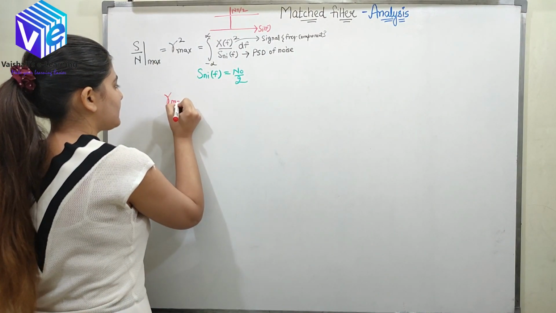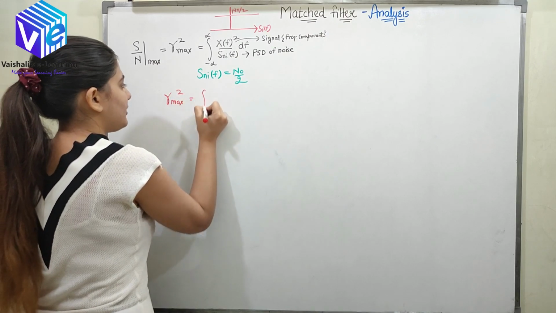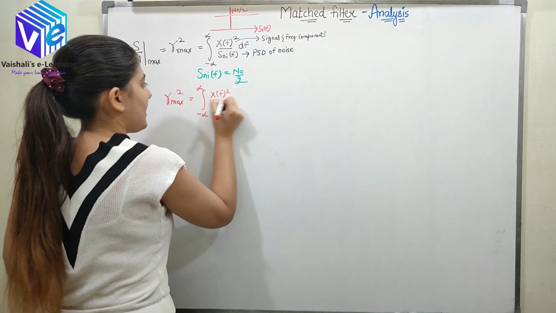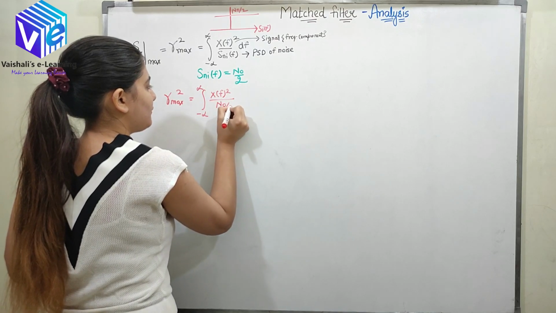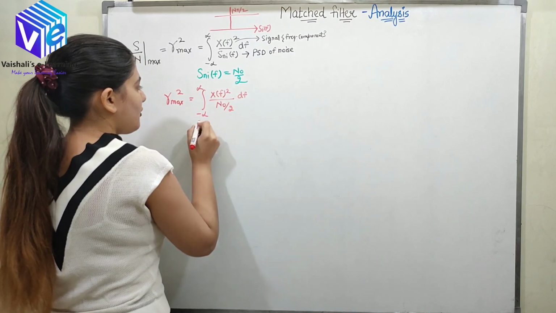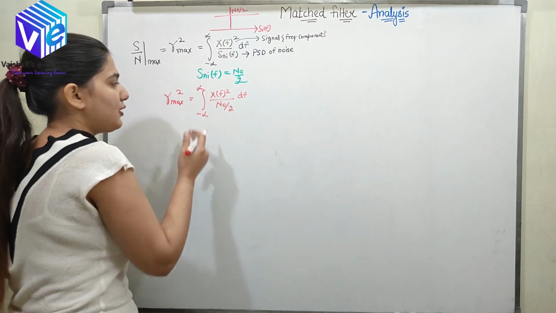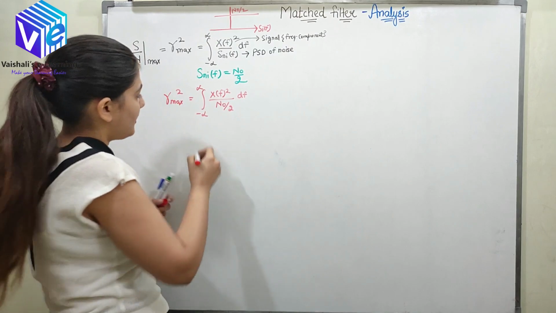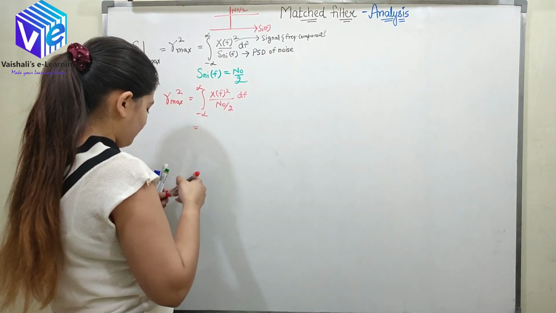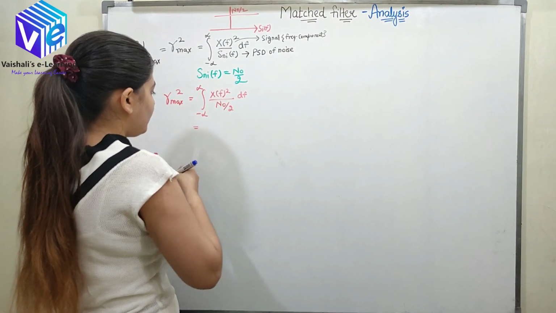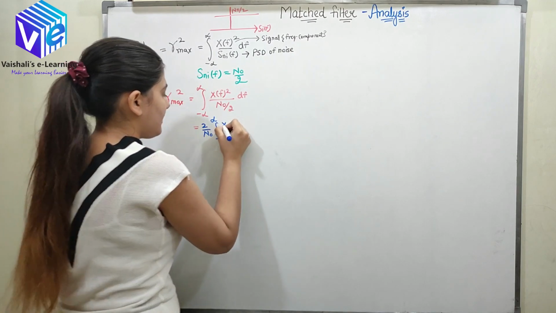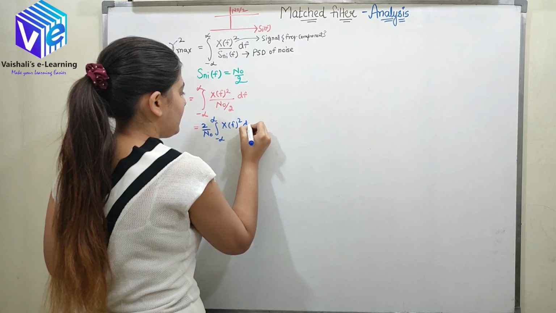So gamma max square would be equal to the integral from minus infinity to infinity of |X(f)| square upon N0 by 2 df. Now if I take this N0 by 2 outside the integration, because it's a constant, it would be 2 by N0 times the integral from minus infinity to infinity of |X(f)| square df.